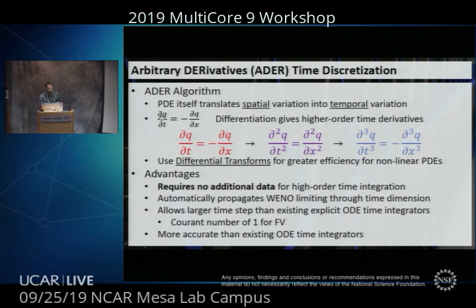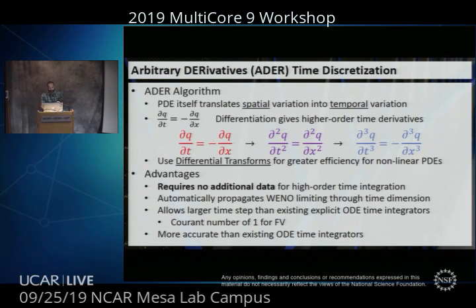So you can imagine here for just the linear advection equation, if you have more spatial derivatives up to higher order, then you also have higher order time derivatives. And the fact is, you can calculate these without using multiple stages or multiple steps. And so there's no additional data required. I put that in bold because that's the most important part of this. You get high order at a large CFL number of 1 without multiple stages like Runge-Kutta.